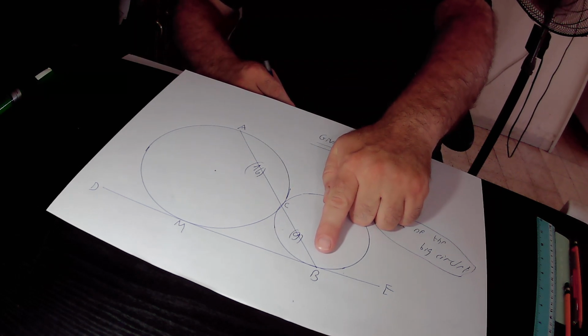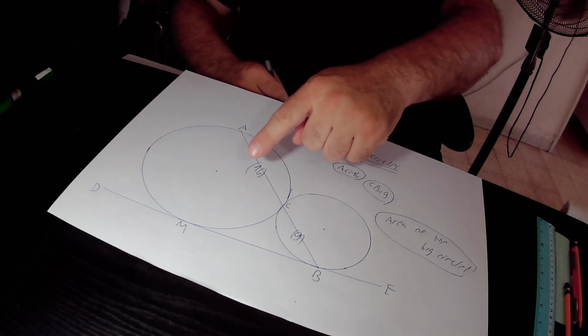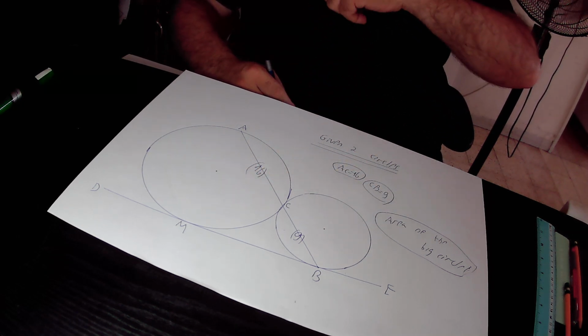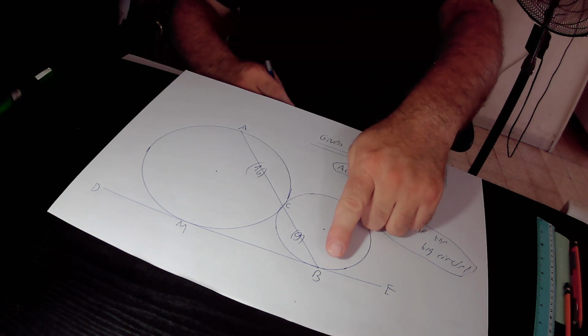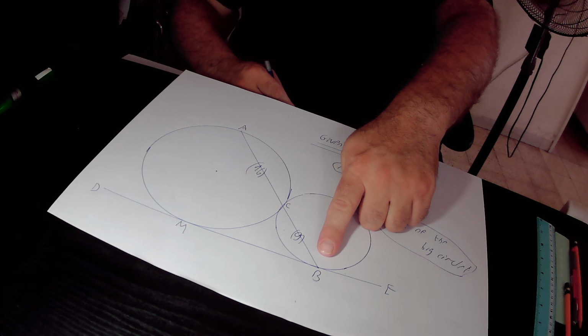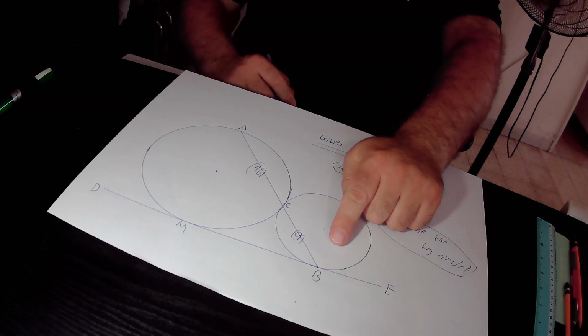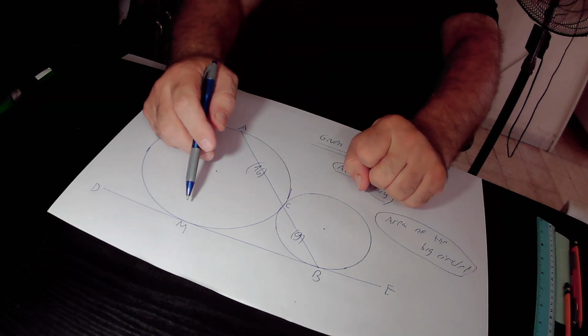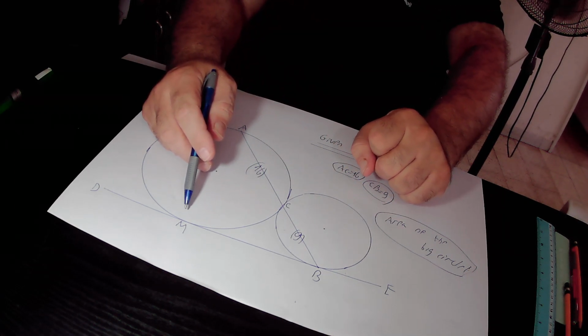Point B is the common external point because it is not located inside the circle nor on the circle itself, but it is located outside the big circle, and therefore it is defined as a common external point, point B. From this common external point B, we have tangent BM, that is tangent to this big circle at point M.